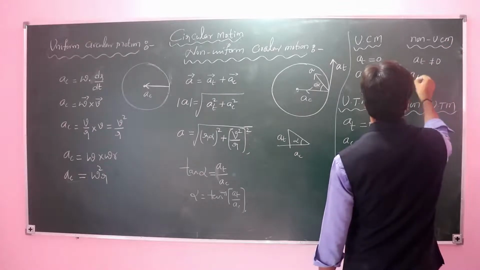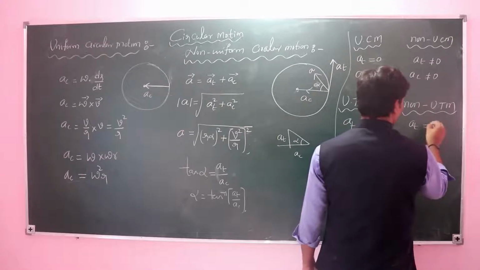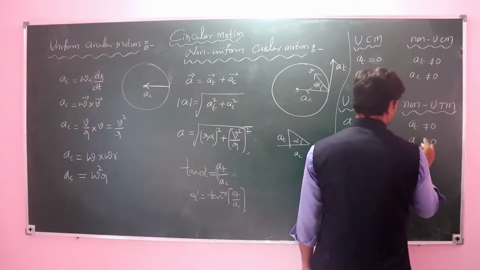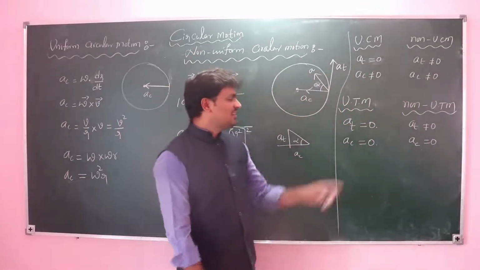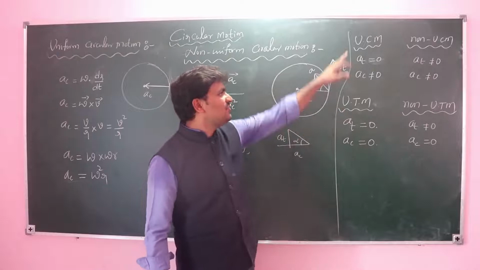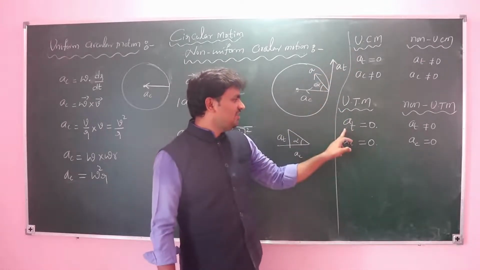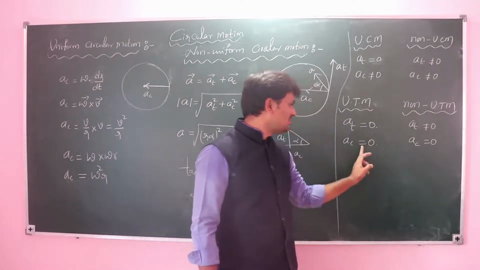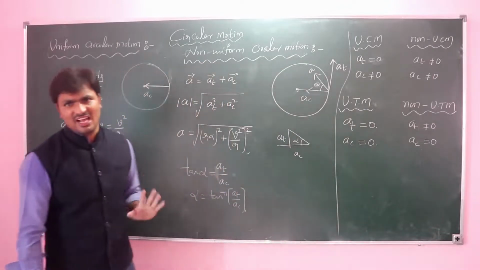Circular motion, so AT not equal to 0. Translatory motion, so centripetal acceleration is 0. In translatory motion there is no centripetal acceleration. In uniform motion there is no tangential acceleration. In translatory motion, there is no centripetal acceleration. That is simply about the types of acceleration.